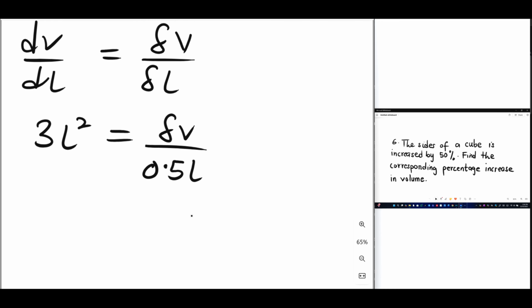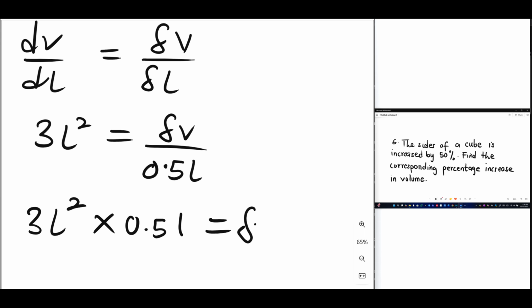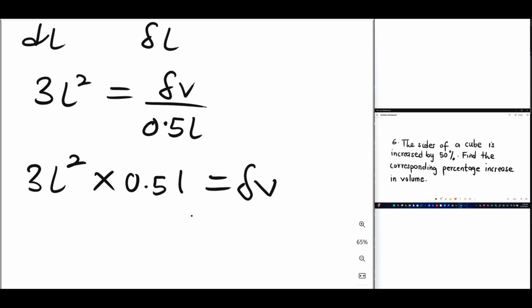So we can now cross multiply. You are going to get 3L squared times 0.5L is equal to the small change that has occurred in V, that's the volume. I hope you are getting it.